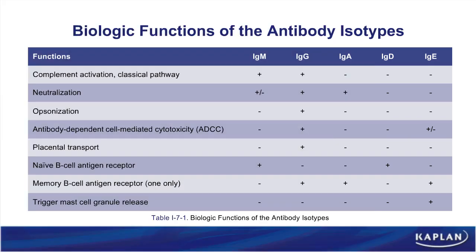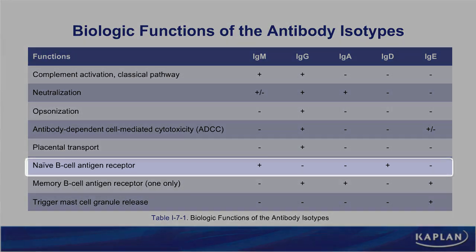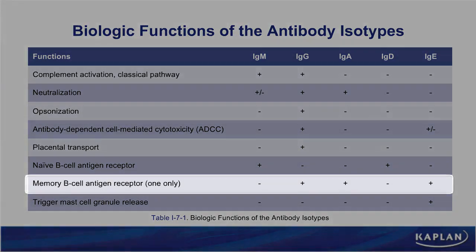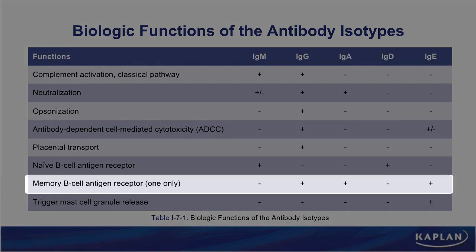One thing I want to point out is that the naive B cell receptor is going to have an IgM molecule, as we talked about, and an IgD, versus the memory B cell receptor, where you will have only whatever isotype you switch to. So we'll have an IgG or an IgA or an IgE, not all three. We're only going to have one of those.